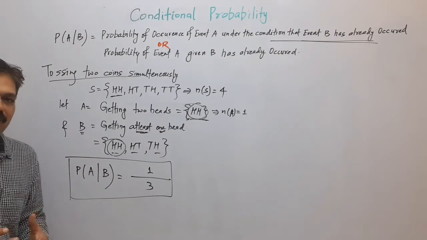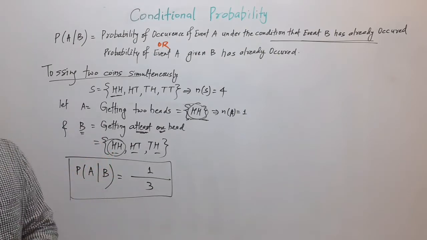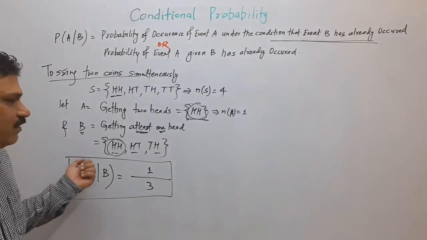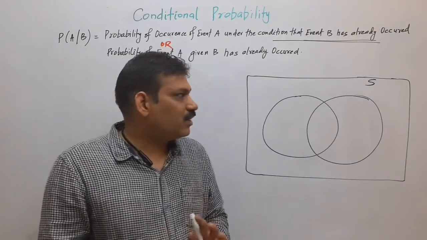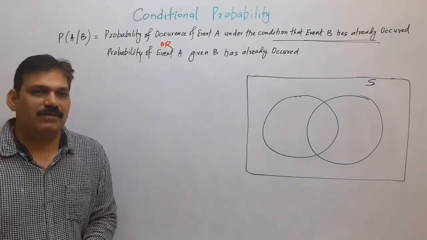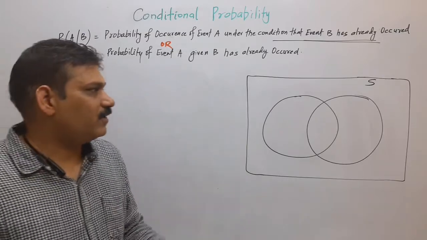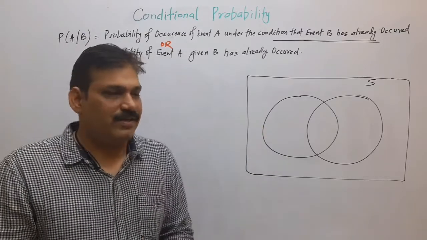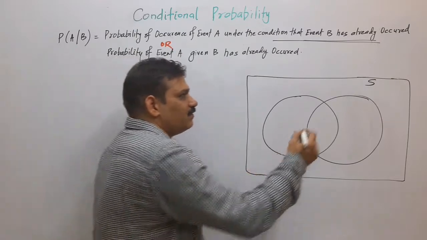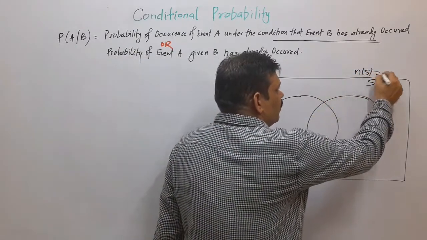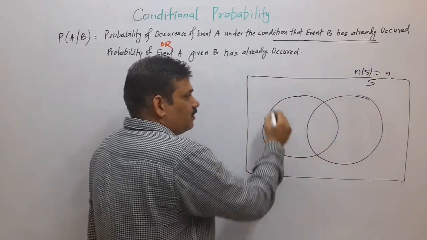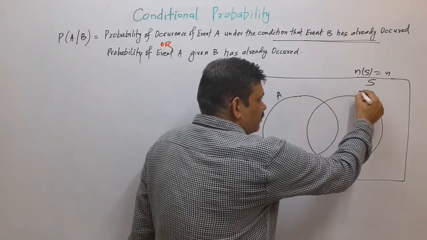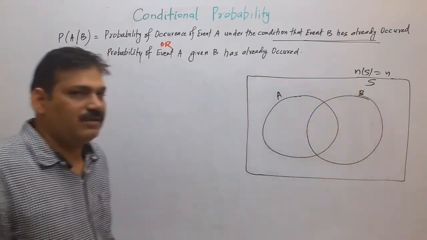Now we'll try to develop a formula, a mathematical formulation for A given B. To understand the formula for conditional probability, let's take the help of a Venn diagram. Suppose S is the sample space which includes n elements, A is an event and B is another event.